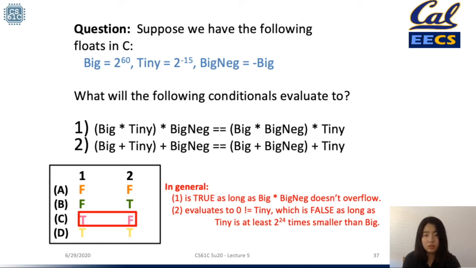But the size of the significand is only 23 digits, so we end up adding nothing to the value. 2 to the 60 plus 2 to the negative 15 is still going to be 2 to the 60 in practice. That's why the expression on the left will evaluate to 0, and the whole expression will evaluate to false.